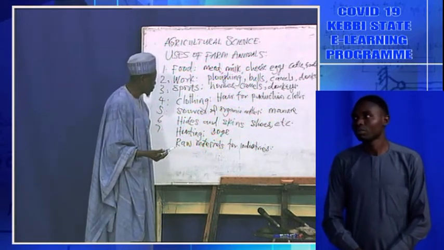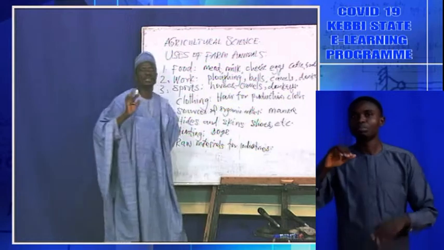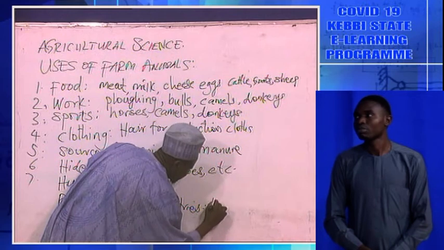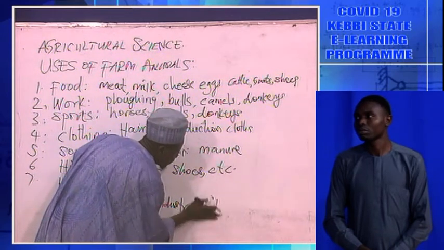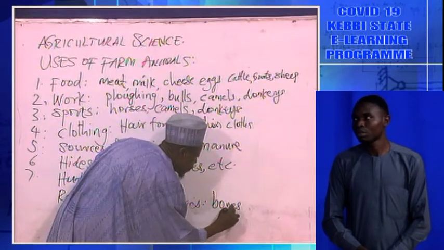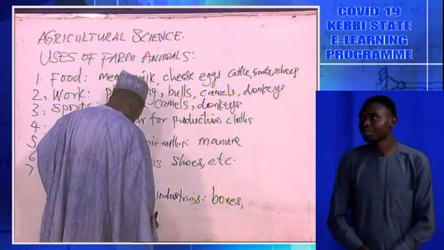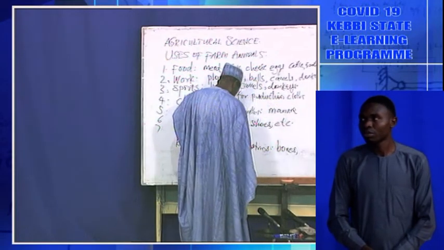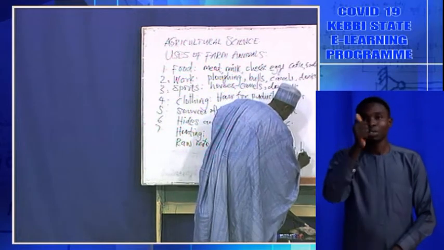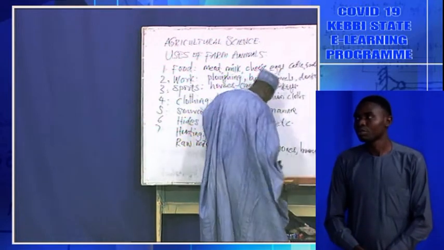Raw materials for industries. Examples of these raw materials for industries, for instance, we have hides, bones, hoofs.